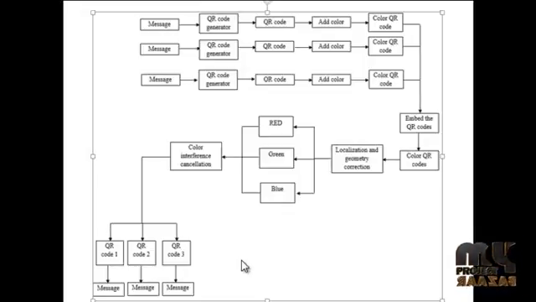After the local geometry correction, the red, green and blue bands are extracted from the color QR code, and then we use the color interference cancellation system. We maintain the color changes from the QR code, and then we extract the three different QR codes from the sender side, separately. After we recognize the QR codes with a normal QR code application, it gives the three types of message from each QR code.